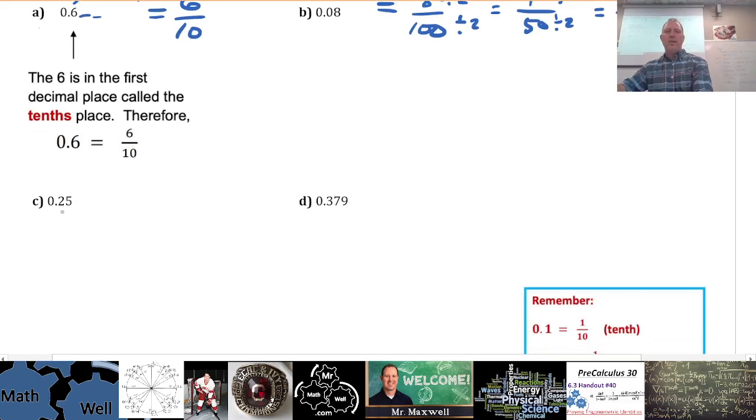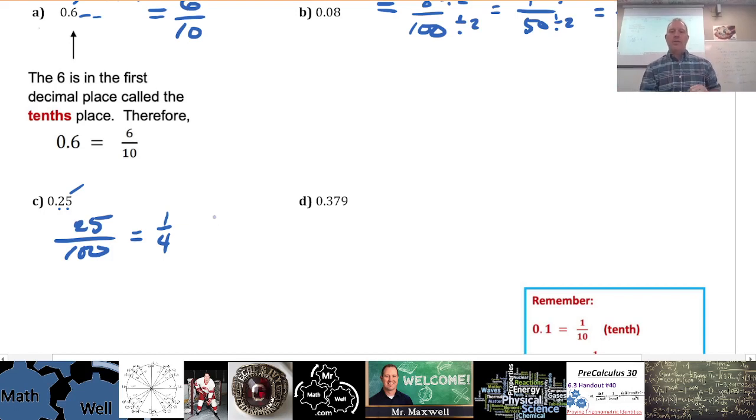Okay. All right, what about 0.25? So if we have a number both in the tenths and the hundredth spot, we look at the very last spot that the numbers occupy, right? So this is the 100th spot. So that's 25 over 100. 25 100ths. And that simplifies to 1/4. Okay.